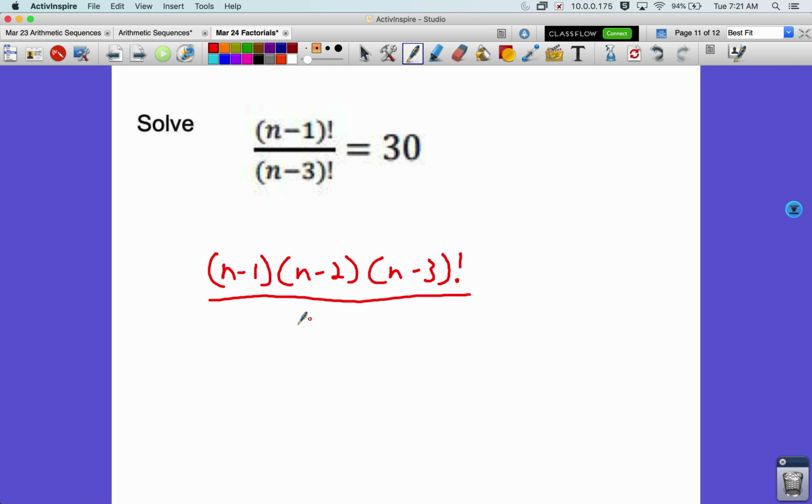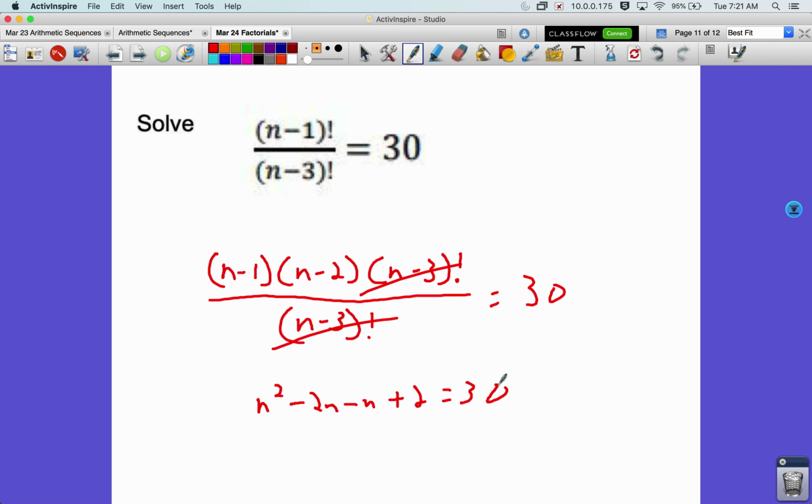Now I can do some canceling with the n minus 3 factorials. And I get just n minus 1 times n minus 2 equals 30. I'm going to have to FOIL that. I get n squared minus 2n minus n plus 2 equals 30.